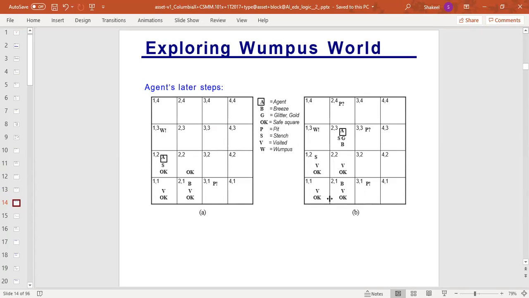So what I just did is an inference, a complex process in which I figured out which room to go to, where the gold is, where the Wumpus is, where the pit is, based on different time points, different locations, and all the percepts that the agent has perceived.